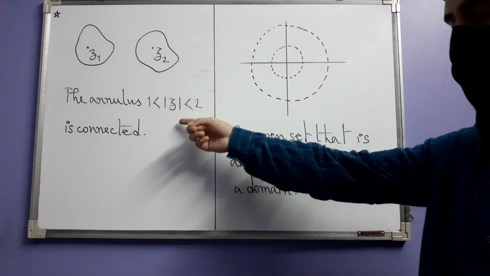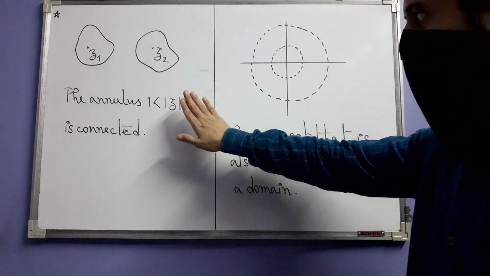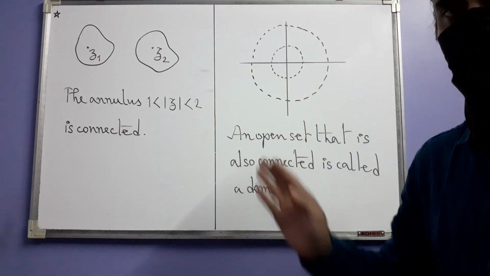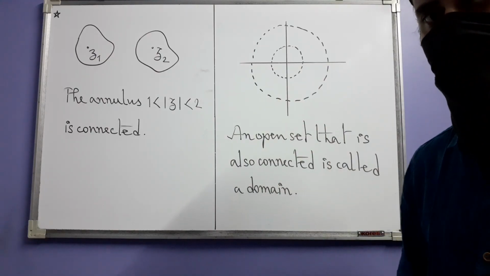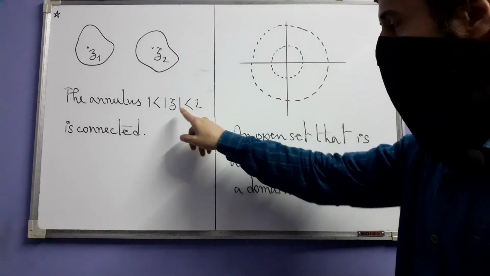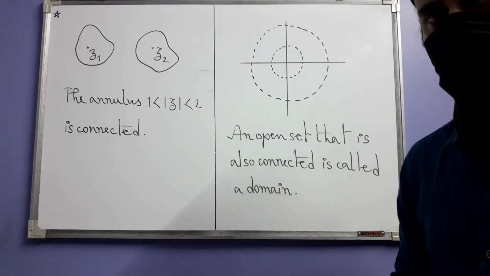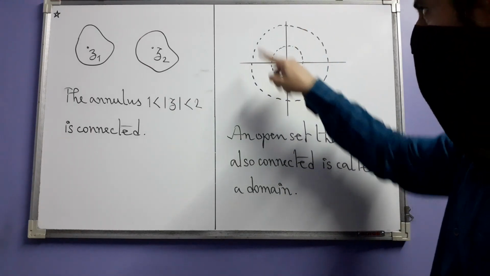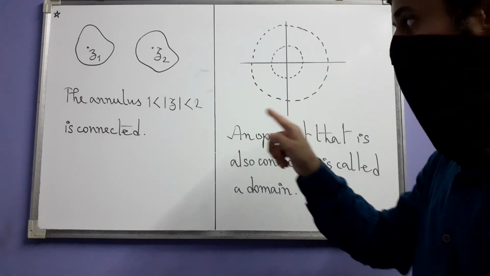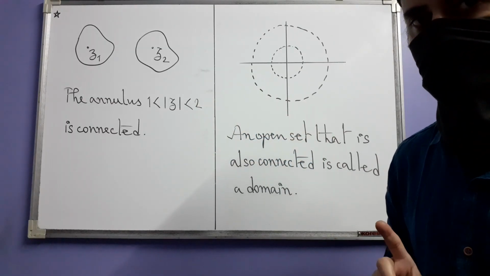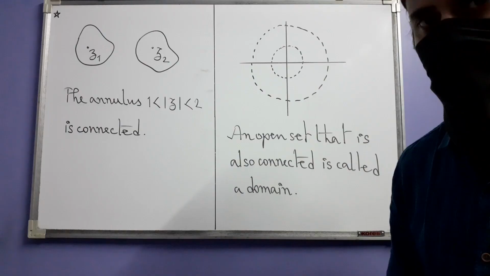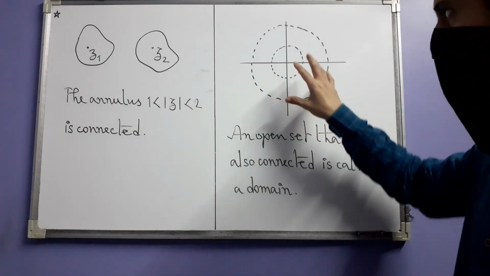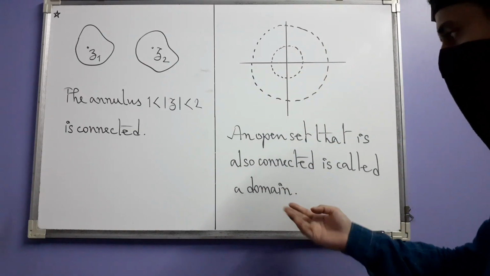This, for example, is a domain because it's connected as well as open. You can verify that this is open. Can you guess what the boundary points of this set are? The boundary points form these 2 circles. None of them is inside the set. So that is why it is open and connected as well. So that's why it's an example of a domain.